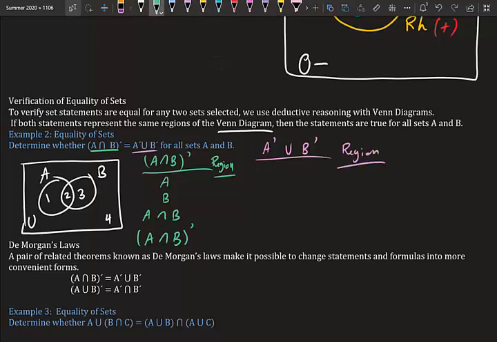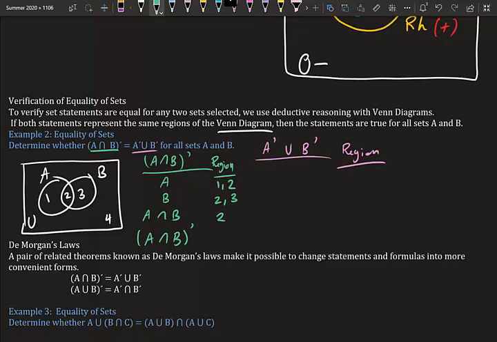Set A is all of region 1 and region 2. That's all of set A. Set B is all of 2 and all of 3. The intersection of A and B is region 2.